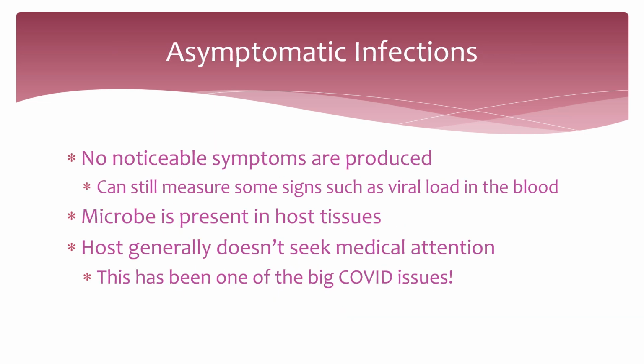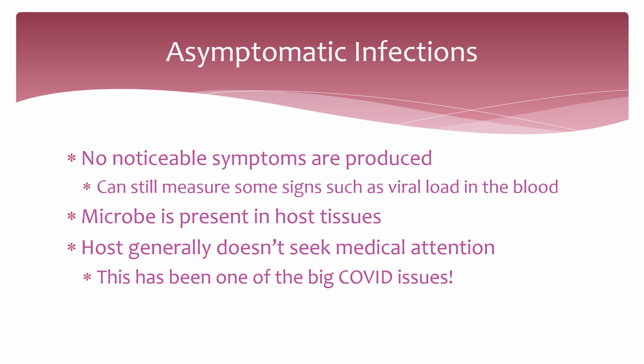Now, here's where things can get a little bit fuzzy: individuals who have asymptomatic infections. Remember, when we put an a in front of a word, that means no, none, or not. So we're saying that we don't have any symptoms.